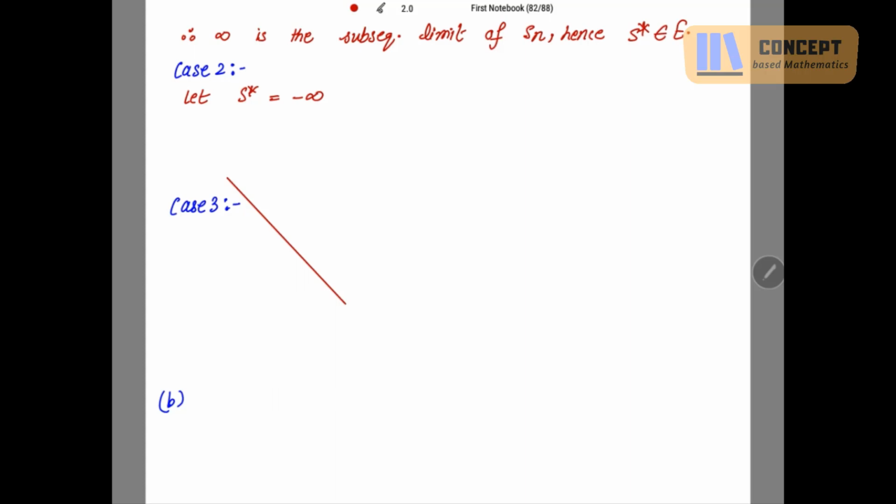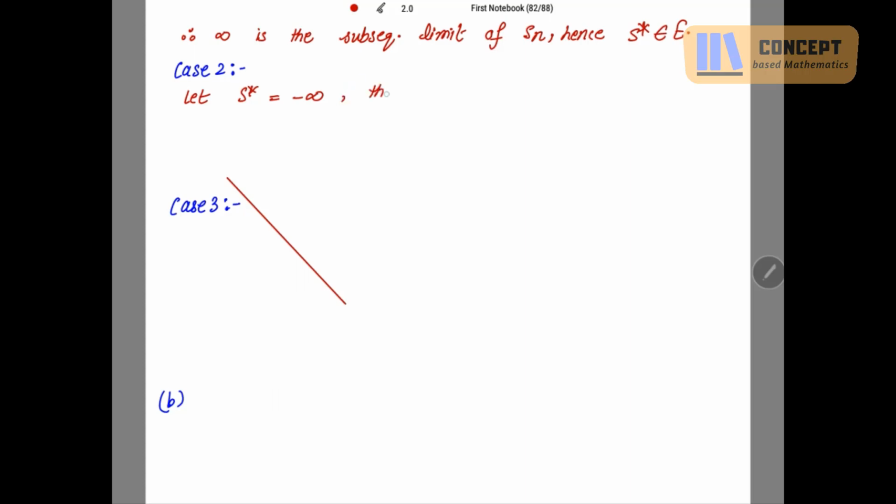E has only one element, because minus infinity is the maximum point, because S star is the supremum of E. That means this minus infinity is the maximum element of all the subsequential limits. If minus infinity itself is the maximum, then what other number can exist along with minus infinity? So there can be no other element in that set E. The only element in the set E is minus infinity.